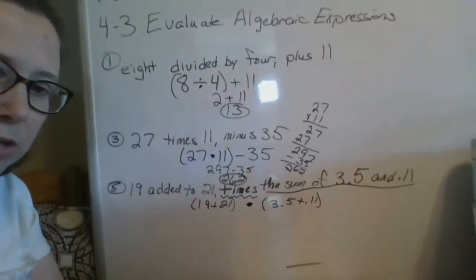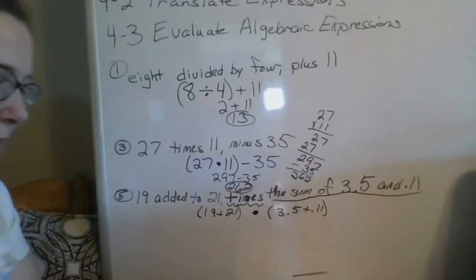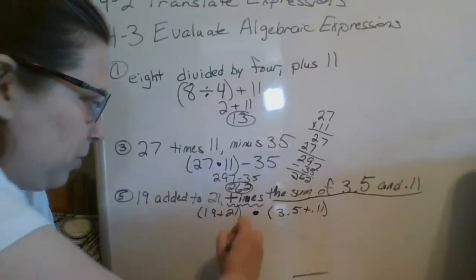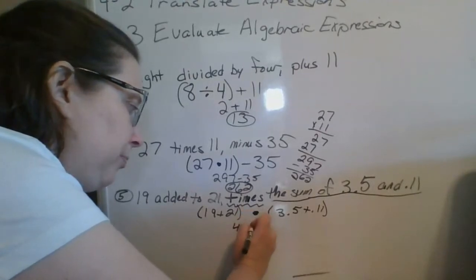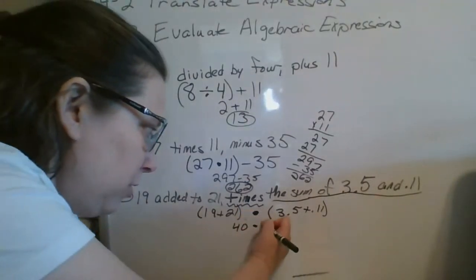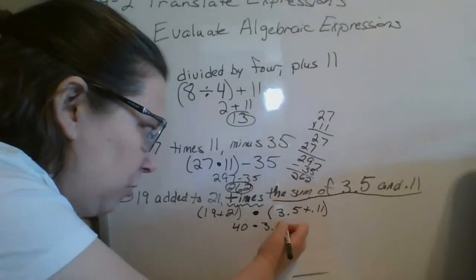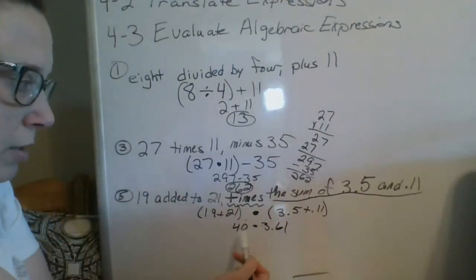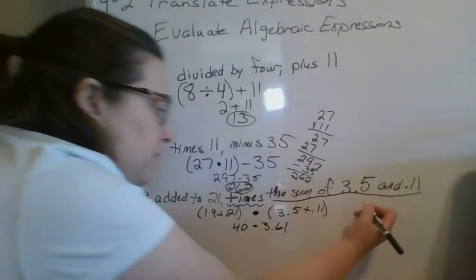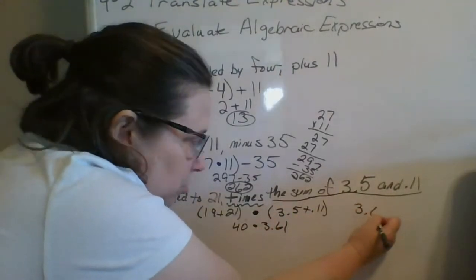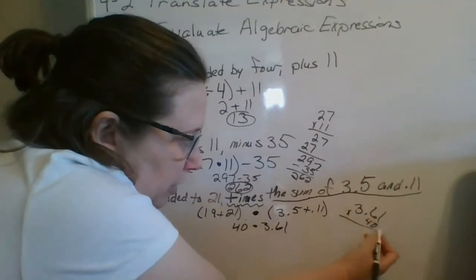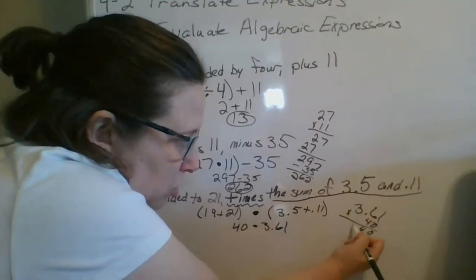We need to solve what's in the parentheses first. So over here we have 19 plus 21, which would equal 40. And over here, the sum of this would be 3 and 61/100. And then you can see I have to multiply these two numbers. So I'm going to write that this way so that I can drop this 0 down and then multiply.